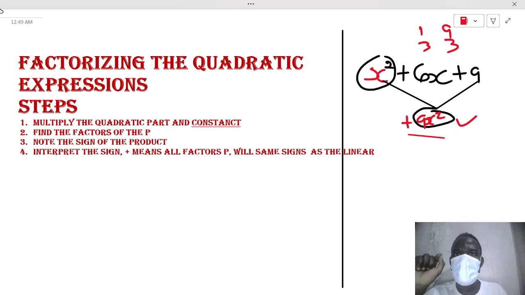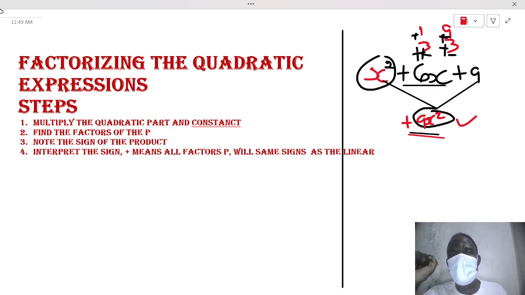The linear part here is in the middle, and when we check its sign, if it's positive, it means the factors of that product will be positive, so we put positive 3, positive 3, like this.